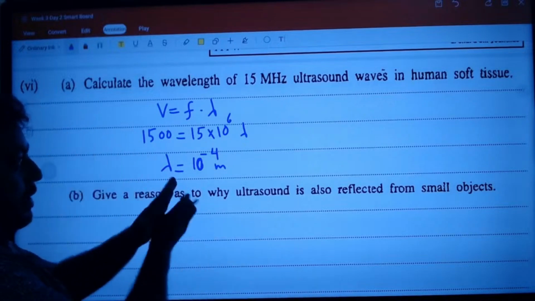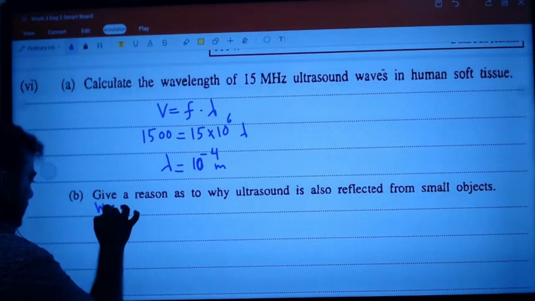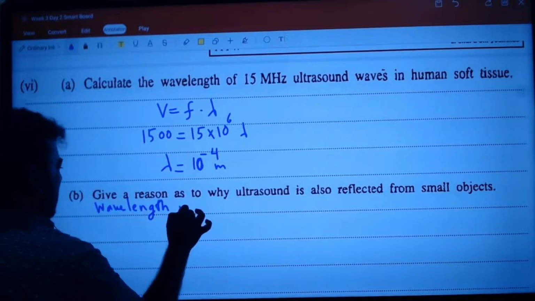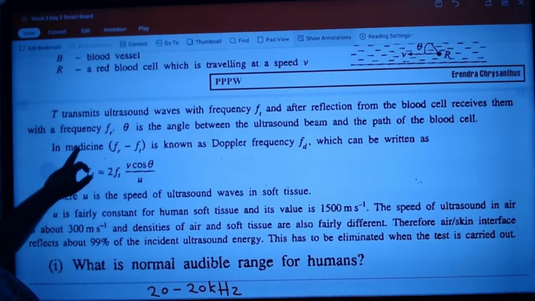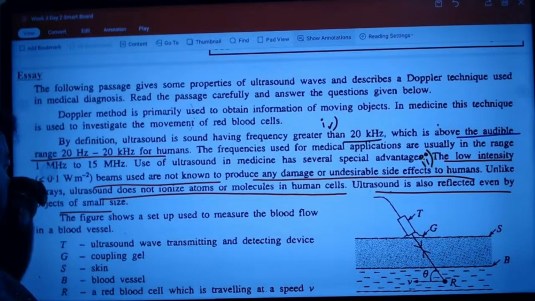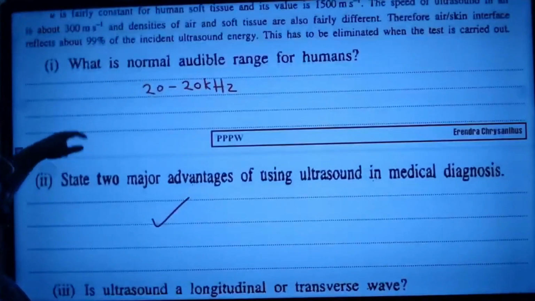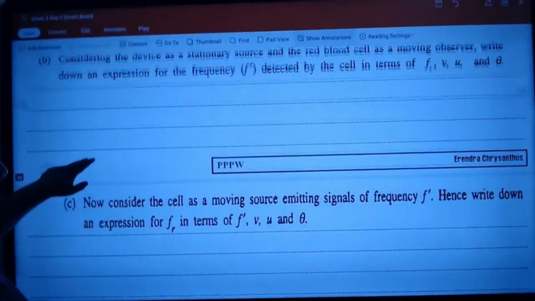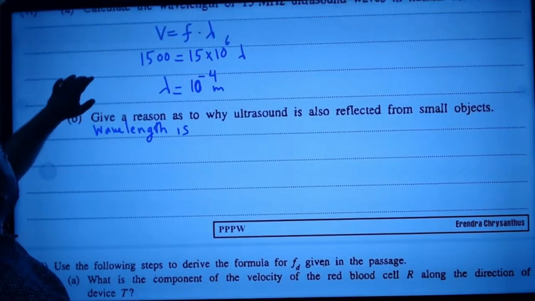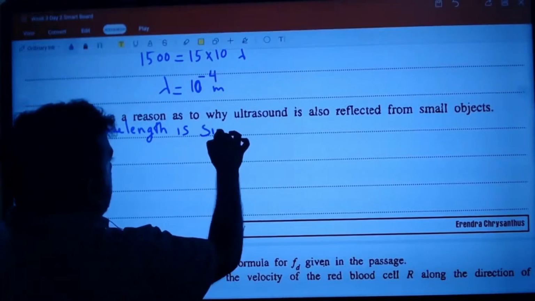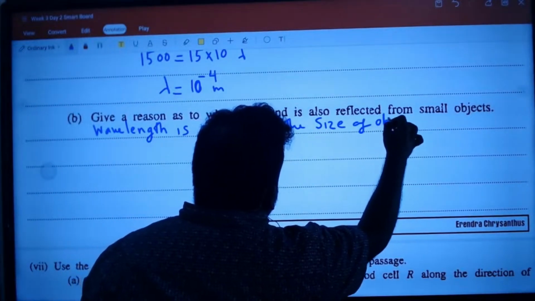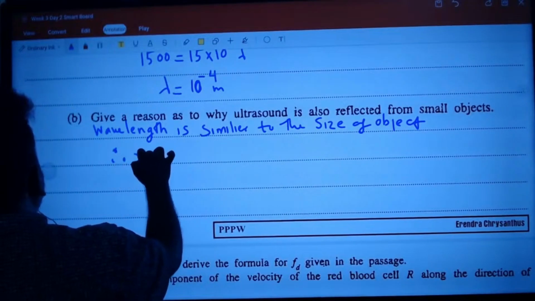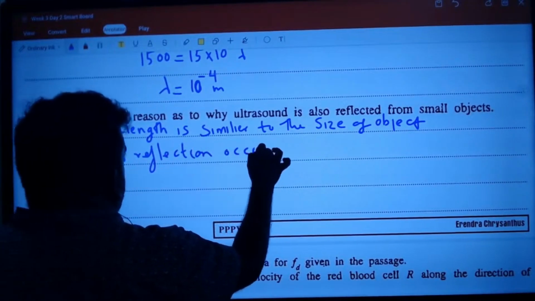So once it's knocking on a barrier, the wavelength is similar to the size of the object. Therefore, reflection occurs.